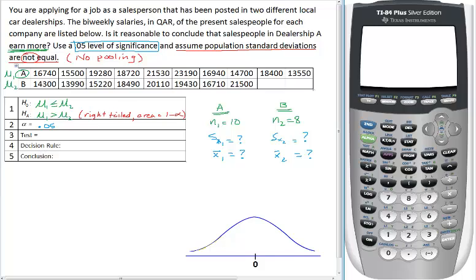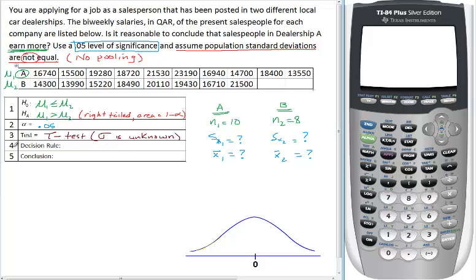We've probably already alluded to it, but it's going to be a t-test, because the standard deviation is unknown for both populations. The numbers are also quite small, 10 and 8, so small sample sizes also encourage us to use a t-test when sigma is unknown.